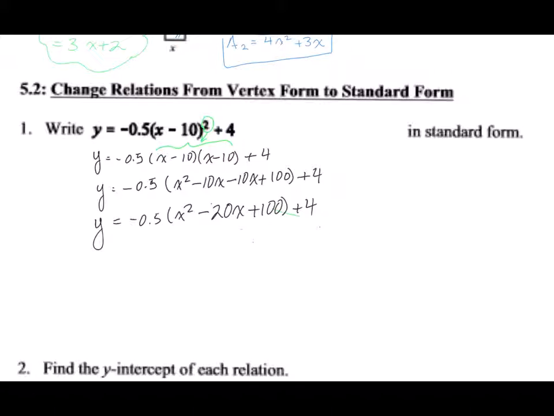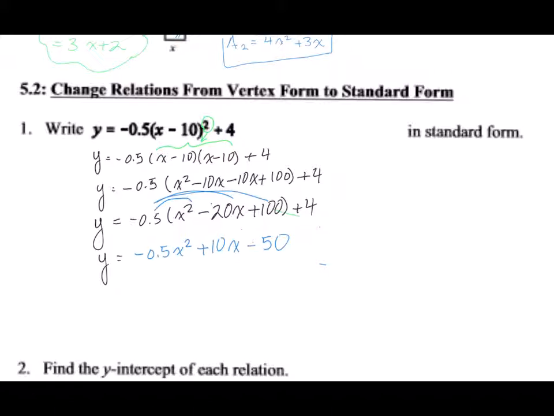So now we're going to have to take a look at the 0.5, and we're going to multiply it by everything inside that bracket. So there's 3 lines that go into it. So we end up with negative 0.5 x squared. Now, the next one you're going to get plus 10x, because negative times a negative is a positive. And then we do the same for the last one as well.